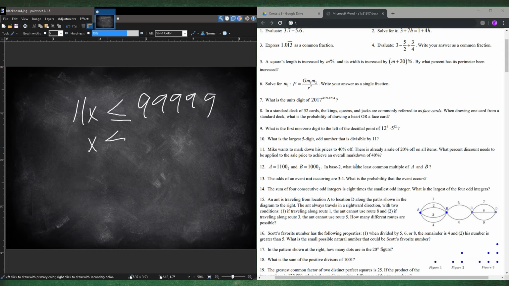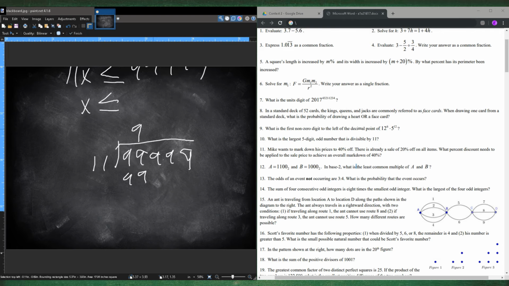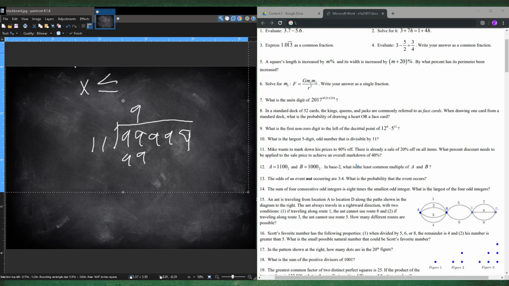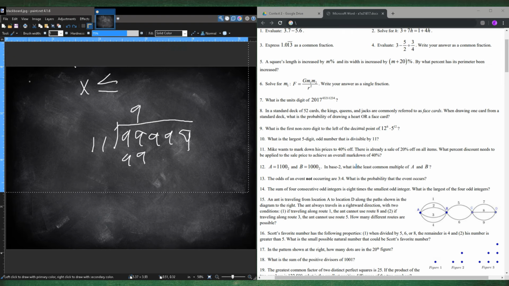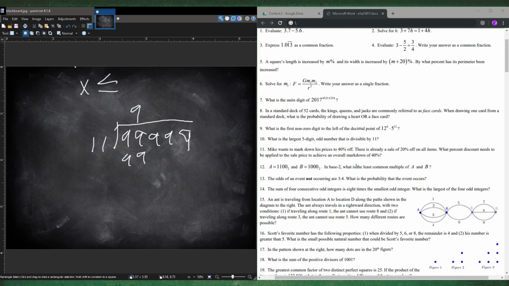So we divide that number by 11. Let's write that out: 99999 divided by 11. You get 9, that's 99, subtract the 99 and you get 0, and then you drop down the 9.